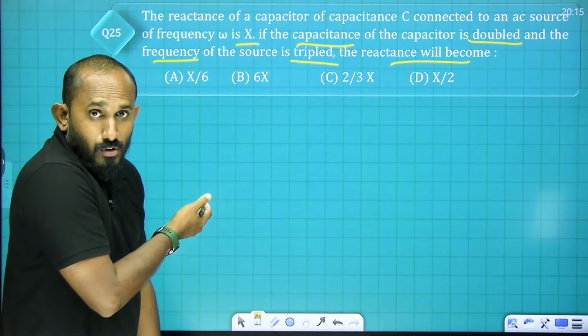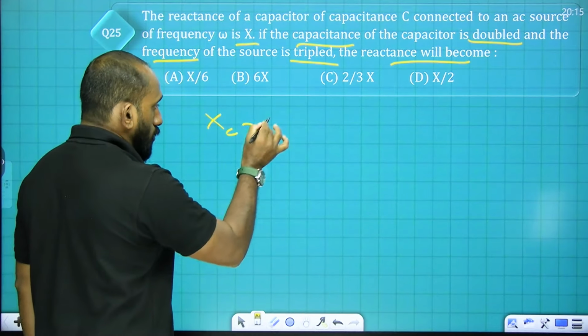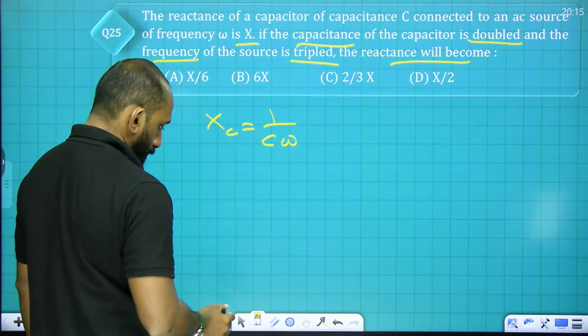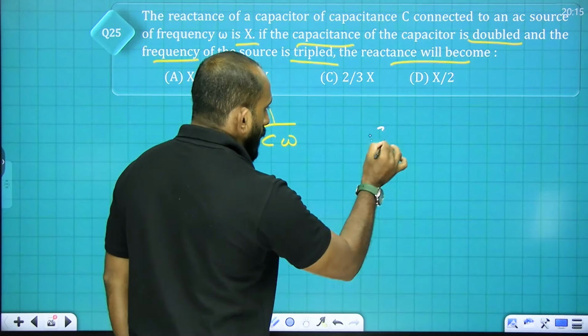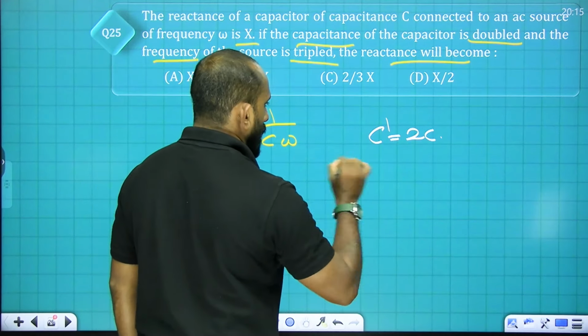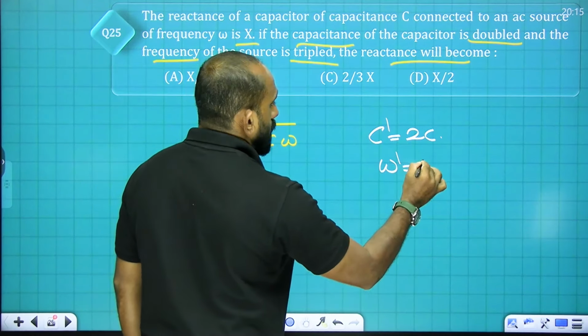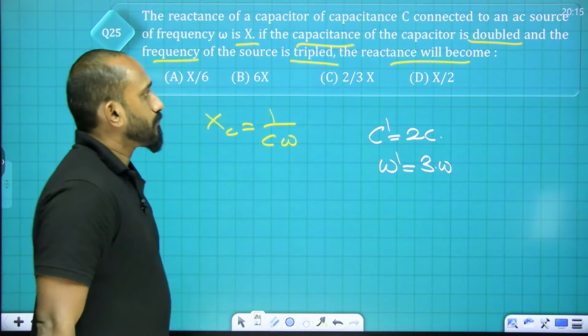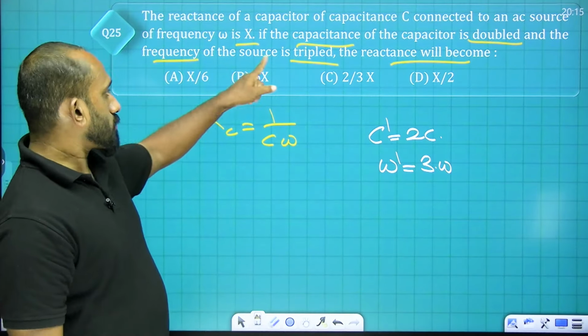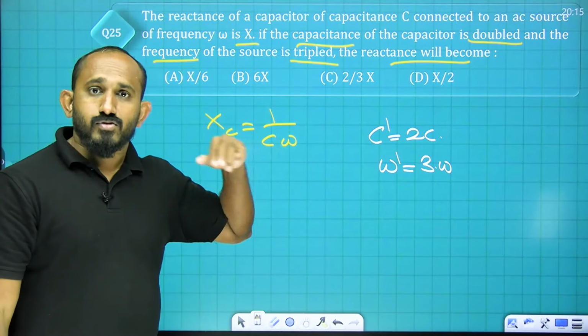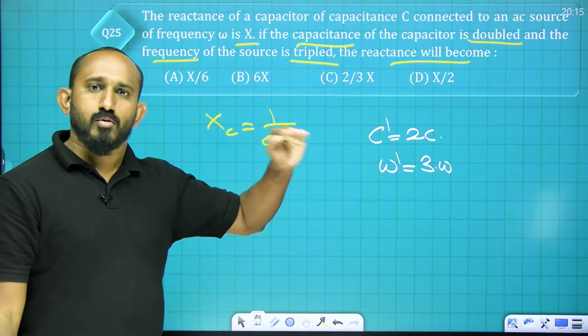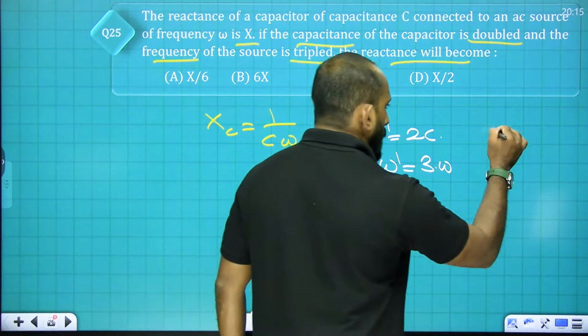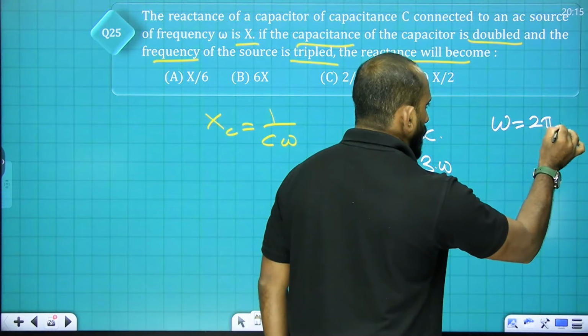Just now we got XC equal to 1 by C omega. It's given here that the new capacitance is 2 times C and the new frequency is 3 times omega. Frequency of the source tripled means of course angular frequency also will be tripled, because we know omega is equal to 2 pi into nu.